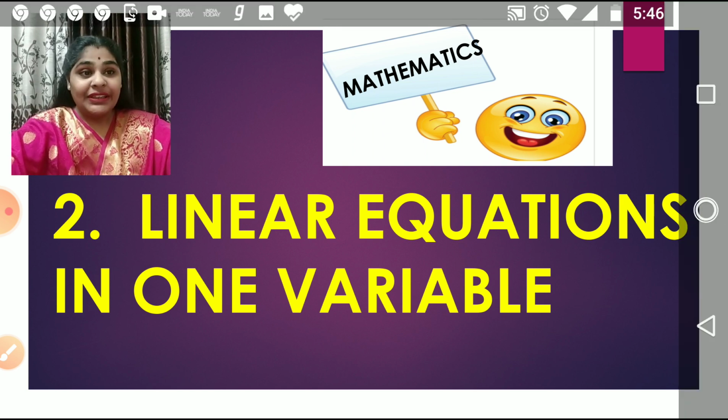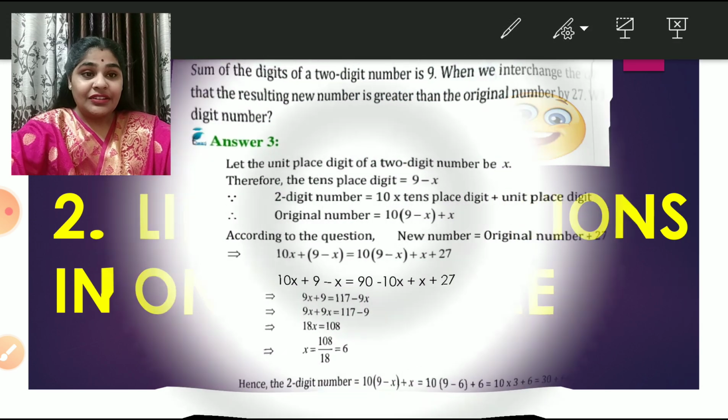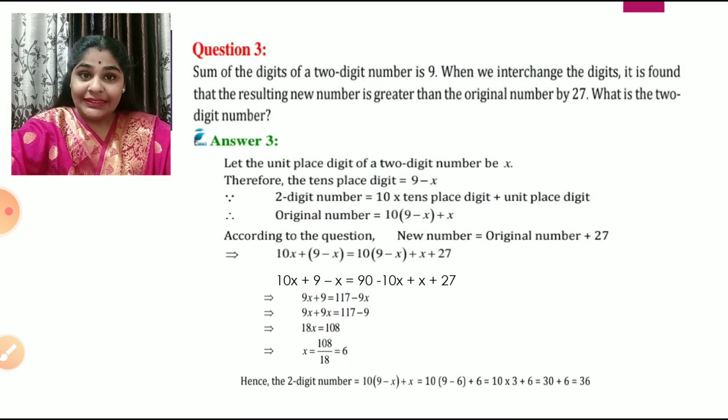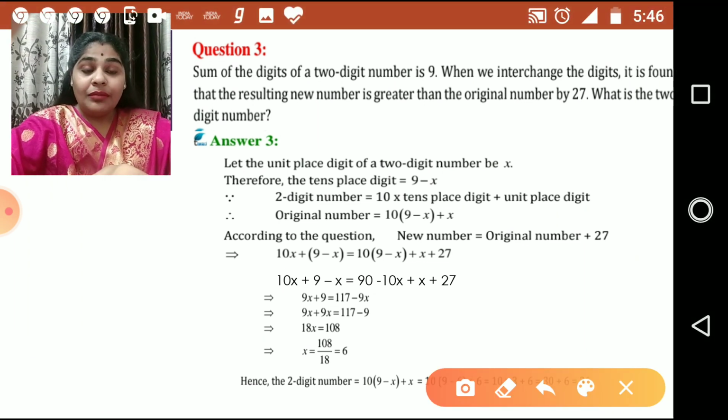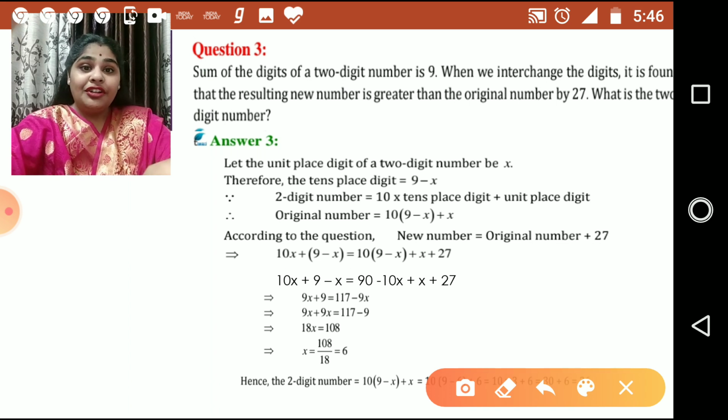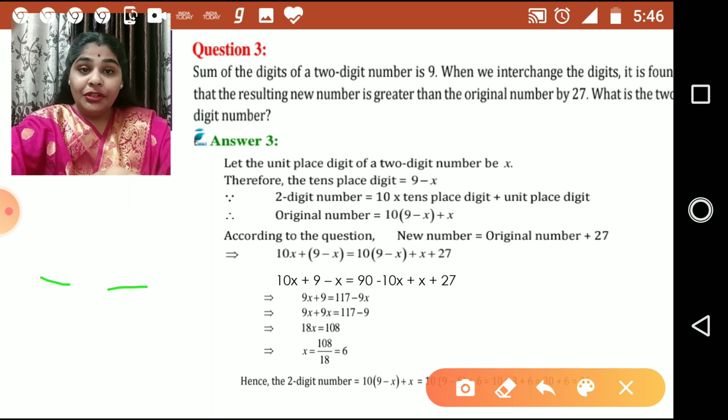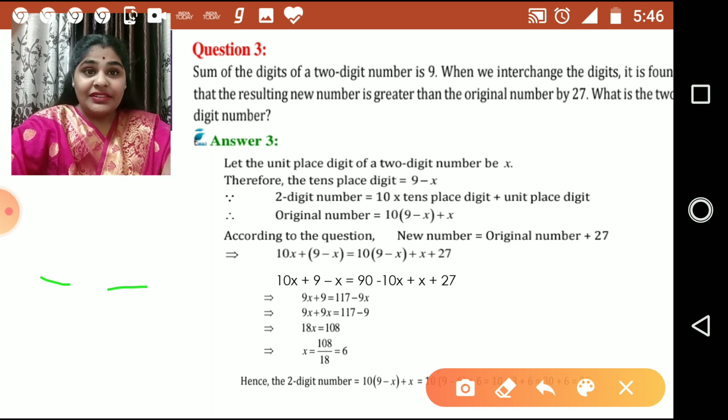So let us begin. This is our next question, question number 3. The question is: the sum of the digits of a 2-digit number. So there are 2 digits, children. Suppose this is the units place and the tens place. The sum of these 2 digits is 9.